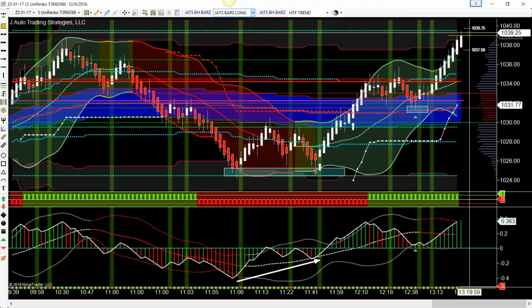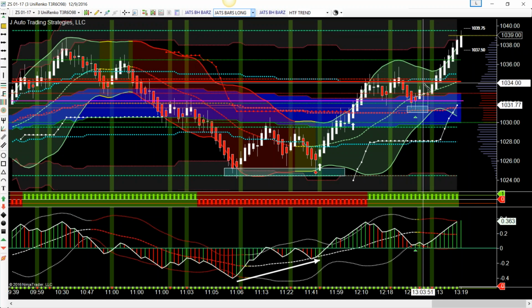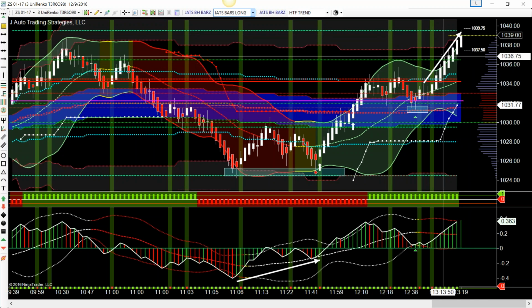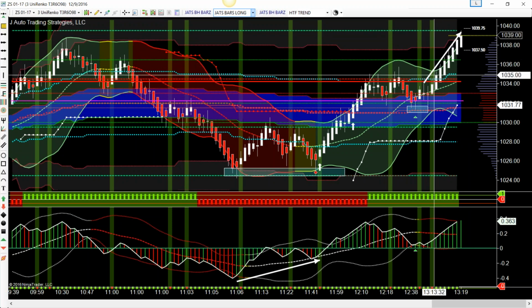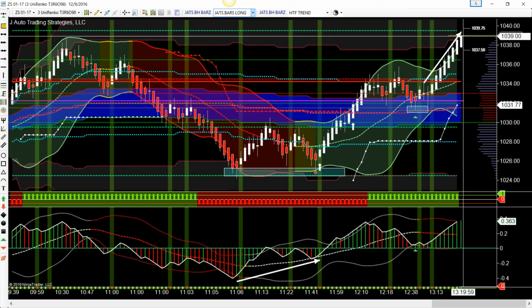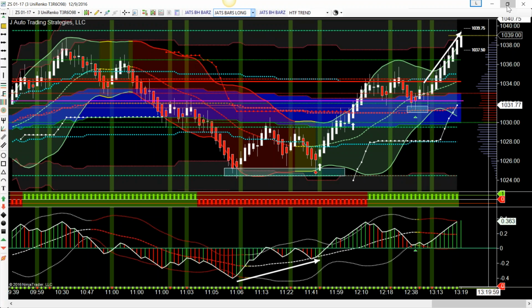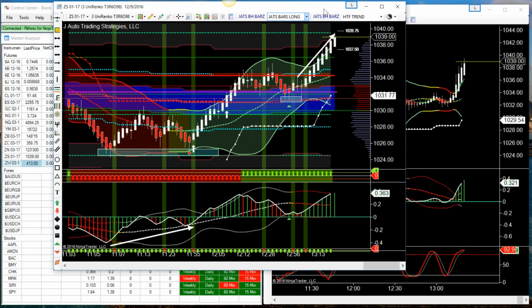And here's your signal getting you in for that second leg up. These run-ups are what we're looking for. And we can add maximum position size on these fantastic entries, and that increases our profits exponentially.